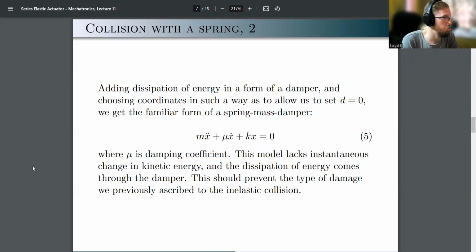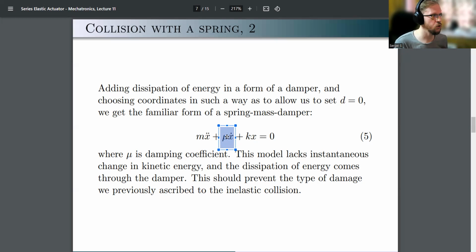And at the end, you would have a velocity in the opposite direction from what it was before, but less, because some of the kinetic energy would be converted into heat, which can be computed by integrating the power of this force, right? So you can integrate the power of the damper, and this would be the amount of energy converted into heat. But you can imagine there is, again, no instantaneous change of kinetic energy.